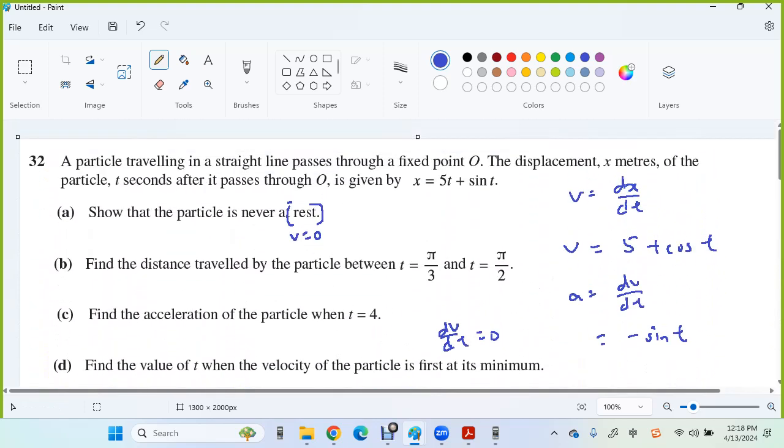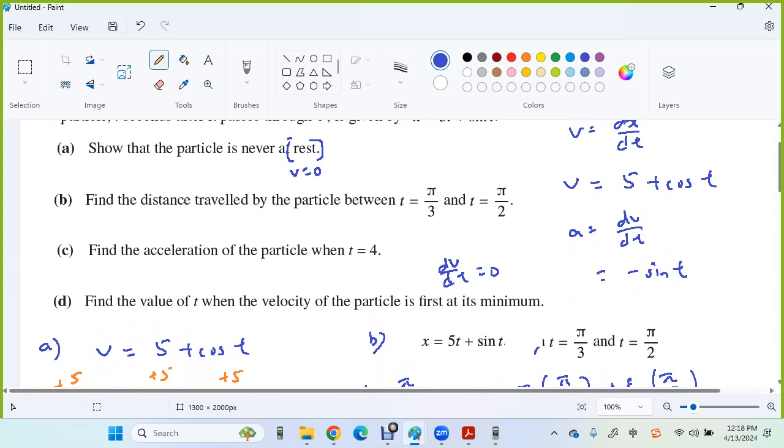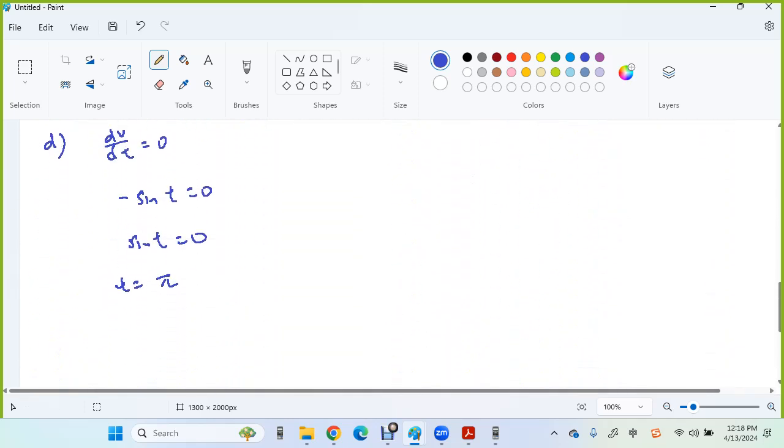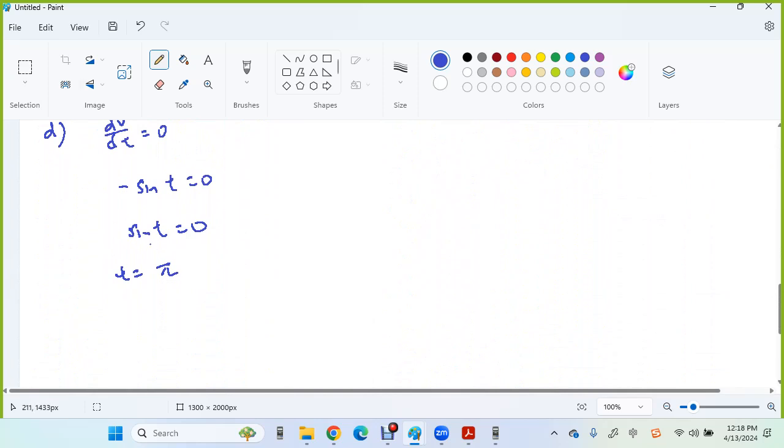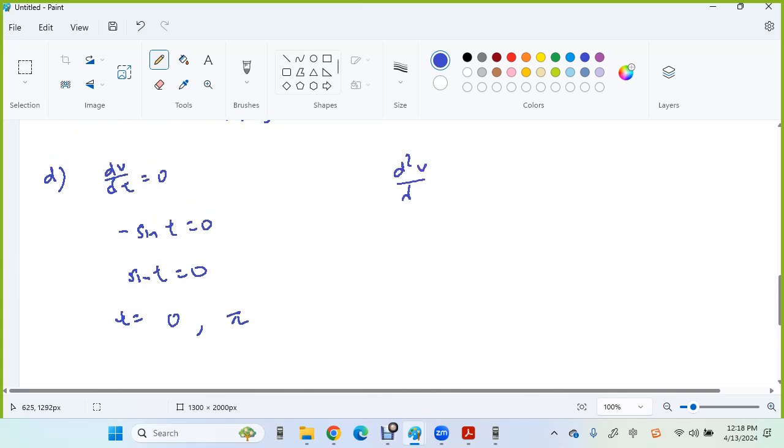When time equals 0, the velocity will be 5 plus 1, which is 6, and at pi, cos pi is negative 1. So t equals 0 or pi, and then we have the second derivative, which is negative cos t.